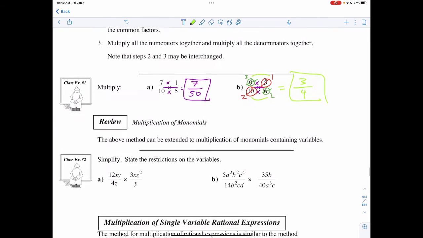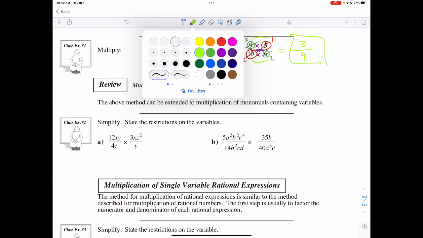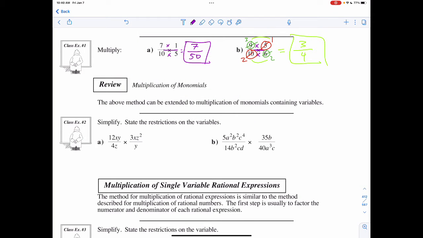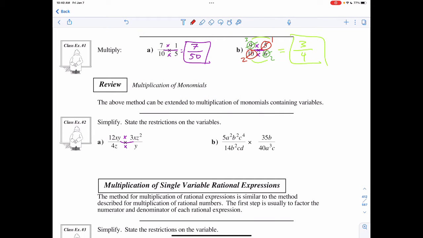When I turn it into a rational expression, the same logic still works. If I'm looking at these ones and I go straight across the top and straight across the bottom, then I can cancel out a y from here and here. I can cancel out a z from here and here.